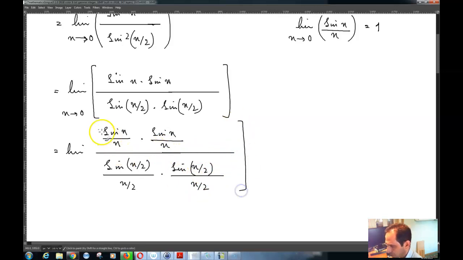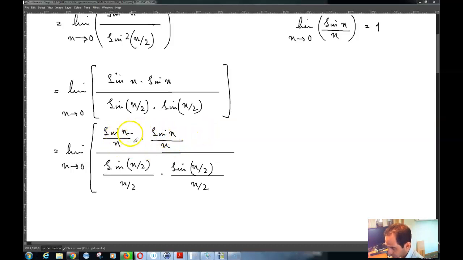Okay, and then as x tends to 0. Of course there is something missing here, because I have basically, this is 1 over x squared.